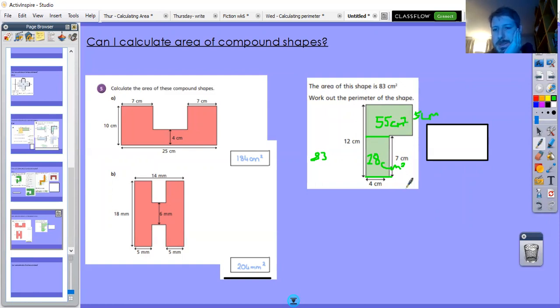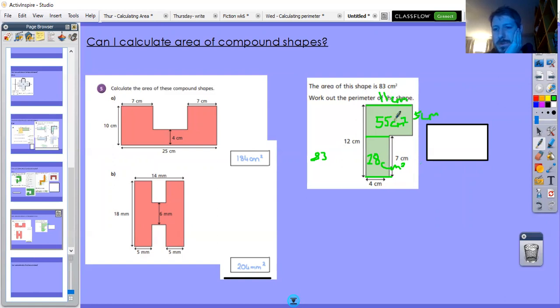Now, how does that help us? Well, if I know that this length here is 5 centimeters, and I know that the area of this part here is 55 centimeters squared, what I can do is then use that information to find out this length here, because 5 times something equals 55, which means that that length there has to be 11 centimeters, because 11 times 5 equals 55.